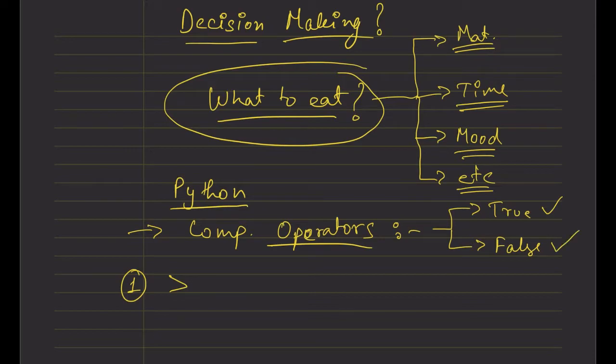So first we are starting with the greater than operator. It returns true if the left side operand is greater than the right side operand, and it returns false if the left side operand is not greater than the right side operand.